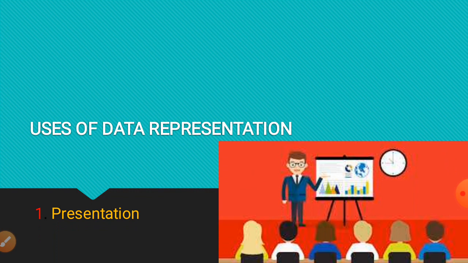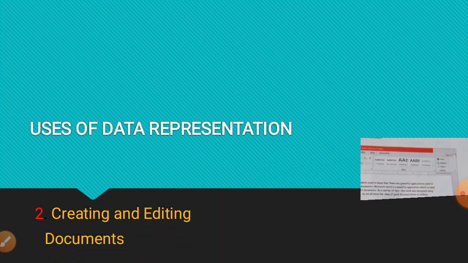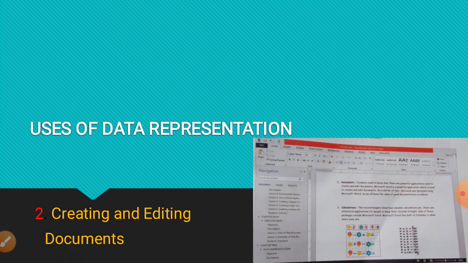Now, another usefulness of data representation is in creating and editing documents. You can see the picture. The ICT books, for example, that you use and other textbooks that you are using, they were created and edited with different data combined together.